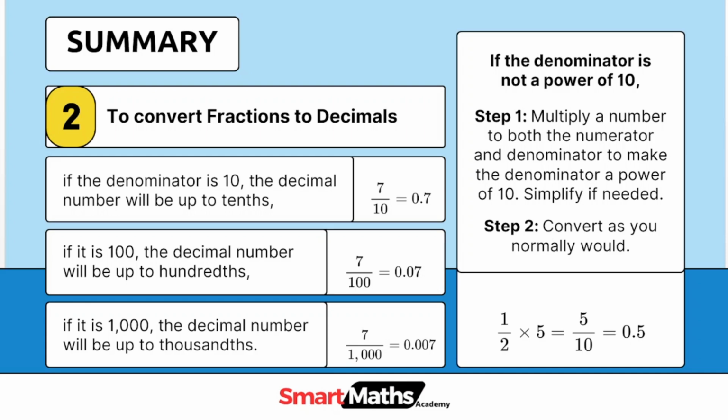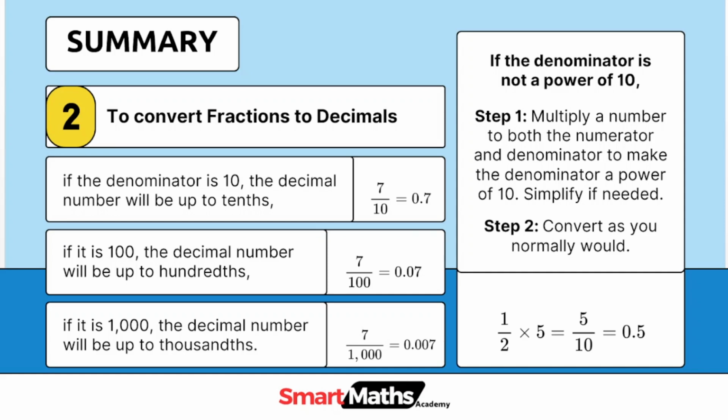If the denominator is not a power of 10, the first step we explained is to multiply a number to both the numerator and the denominator to make the denominator a power of 10. Then simplify if needed, then convert as you normally would. Just like you have there, 1 over 2, which is going to be 5 over 10.